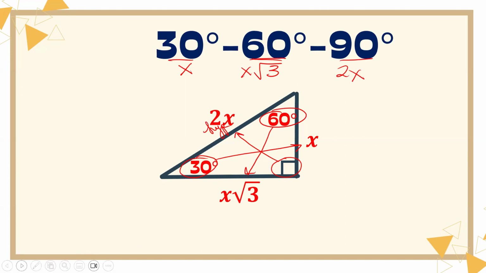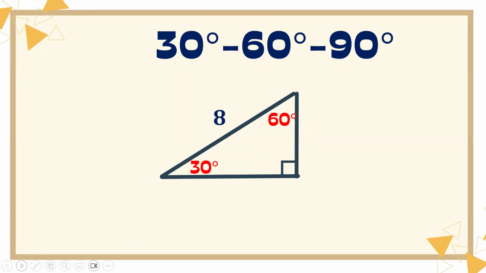Okay, so let's have an example. Again, remember, 30 degrees, the length of the opposite side is x, 60 degrees is x square root of 3, then for 90 degrees, that's 2x. Now we have the value of the hypotenuse here, which is equivalent to 2x.